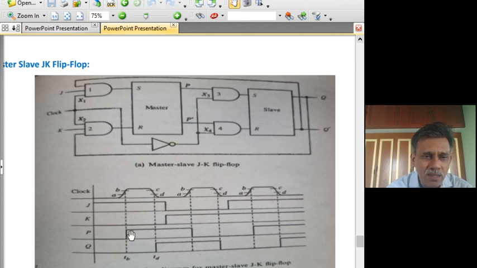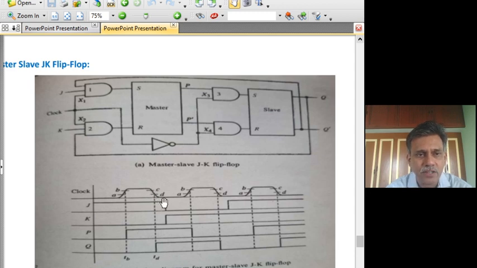And actually this is the duration we give so that P can stabilize, because if you include a finite propagation delay, instead of changing exactly here, it may change here. What we want to ensure is that before this trailing edge comes, the master's output, that is P, has to settle down. That decides the pulse width of the clock.